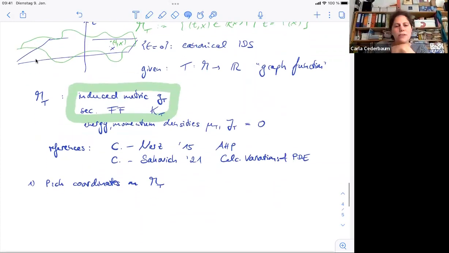So in order to describe the metric and the second fundamental form on this graphical initial data set, M_t, I'll pick coordinates, which I'll call y^i. I'm going to take the x^i, so either r, theta, and phi in polar coordinates or some rectangular version thereof, of the spacetime, restricted to M_t. So x^i are coordinates in Schwarzschild spacetime.